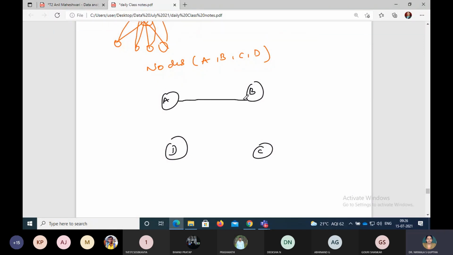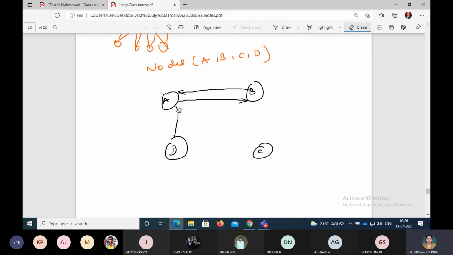So A to B is 1. I am pointing it out, A to B. And B to A is also there. Then D to A, I'm not writing it very properly.